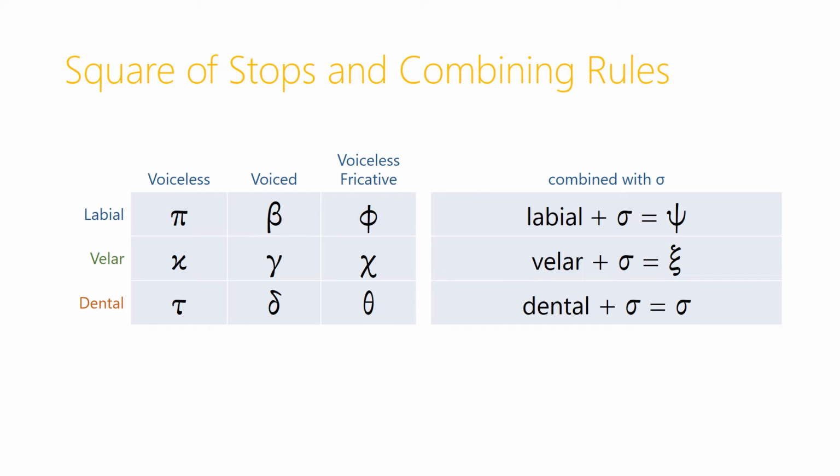And if we have a dental stop, a tau, a delta, or a theta, and that comes at the end of the verb stem and the sigma tense marker comes up against it, the dental stop disappears. It's absorbed by the sigma tense marker, and we're left just with the sigma.